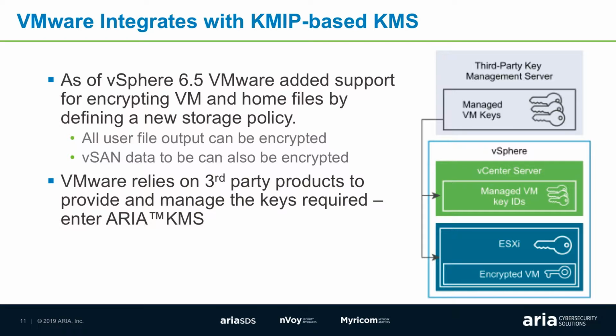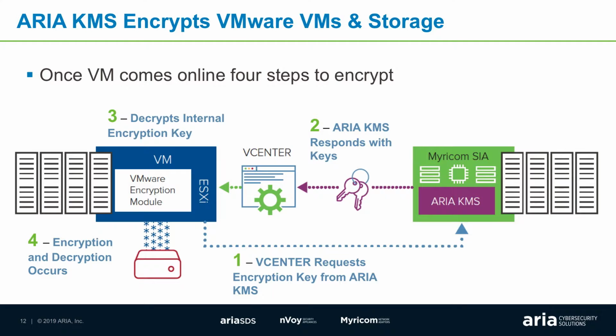But first, let's take a look at how encryption is handled in this environment. vCenter, the central management capability for the VM environment, would request a tenant key from the key management server. The ARIA Key Management Server returns the key to vCenter via KMIP, which passes it to the VM.